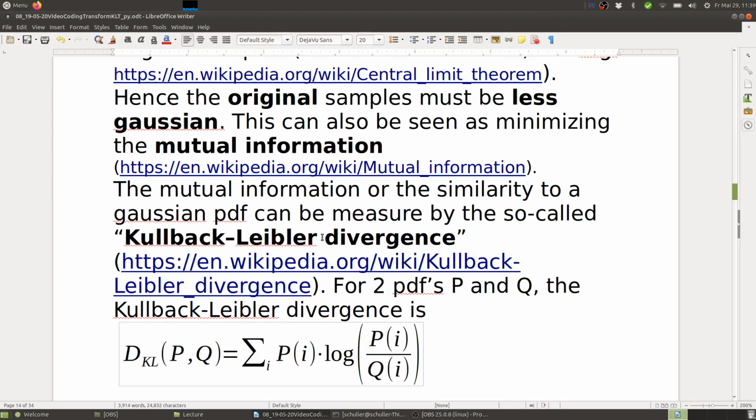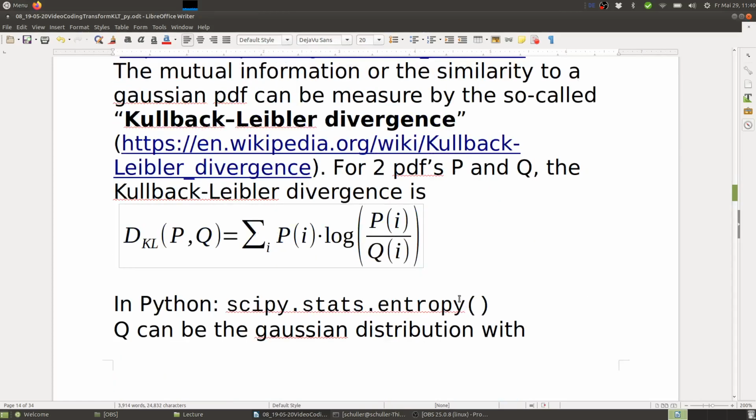Because for the mutual information you need a two-dimensional probability density function that we just saw, but the Kullback-Leibler divergence just needs one-dimensional PDFs, P and Q. Right? Here we just look at the two separate PDFs of channel 1 and channel 2, and that's much easier to compute than a two-dimensional PDF. And then the Kullback-Leibler divergence is defined by this formula here.